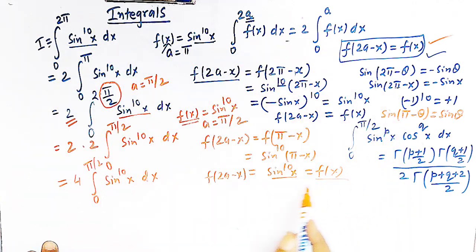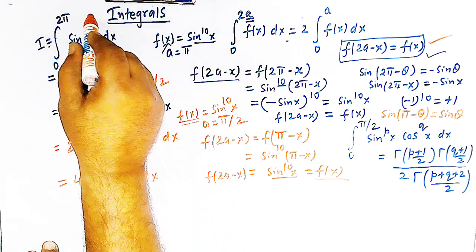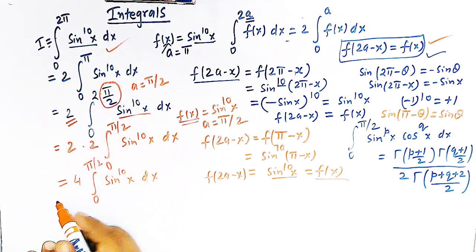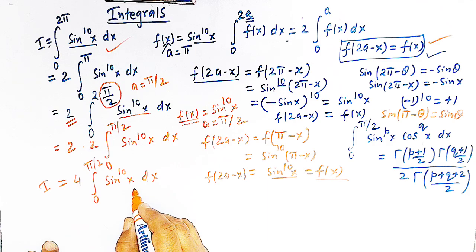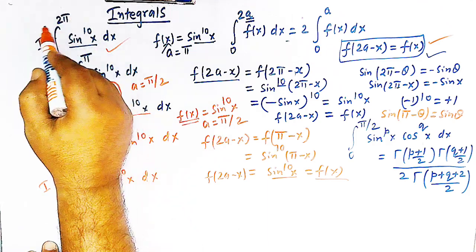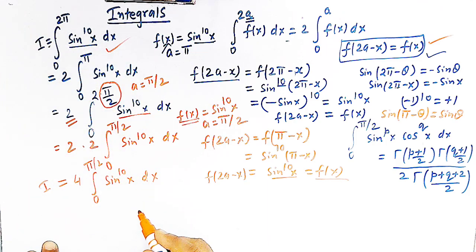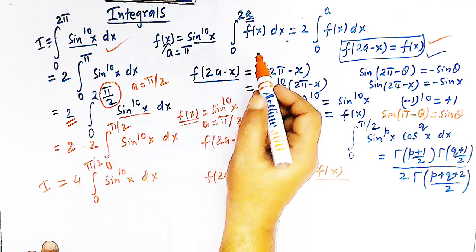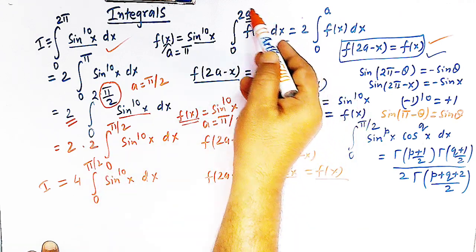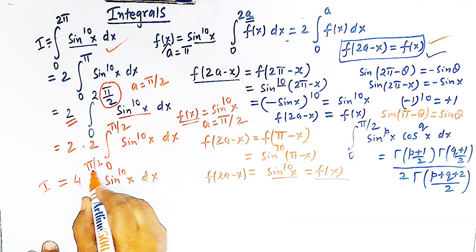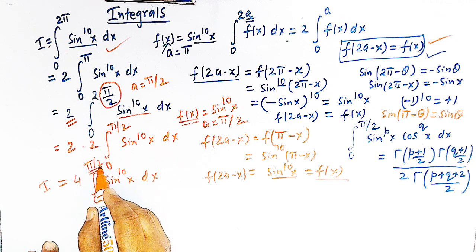So from this discussion we have seen that we have now reduced our integral I into this form. In the original integral the upper limit was 2 pi, and due to this property we now have the upper limit as pi by 2.